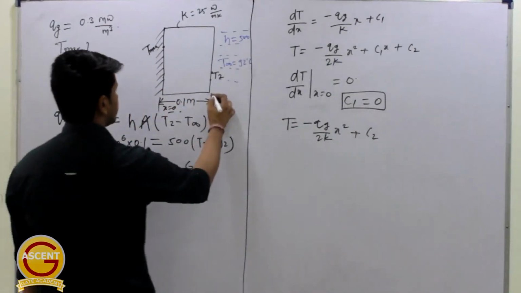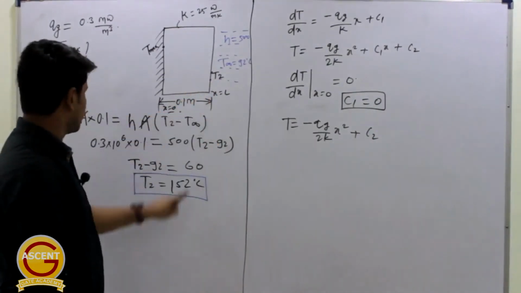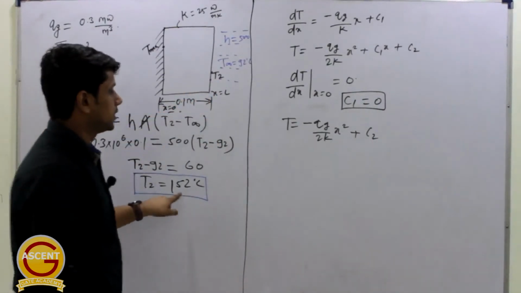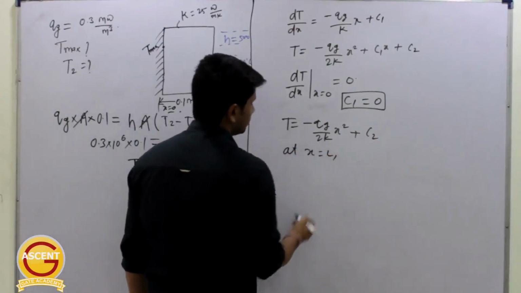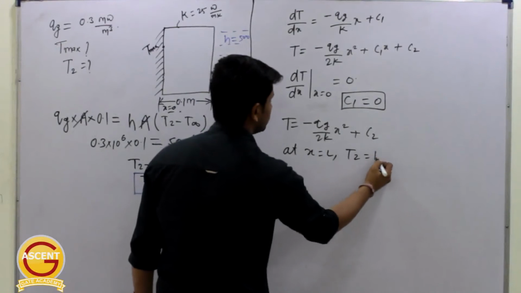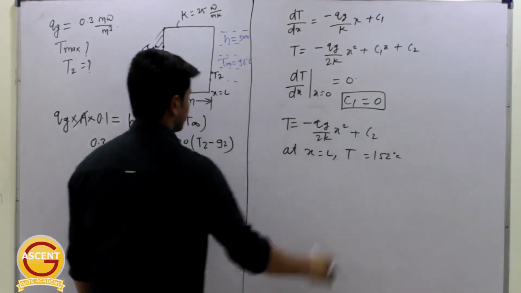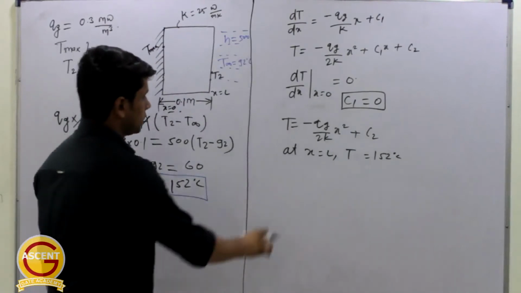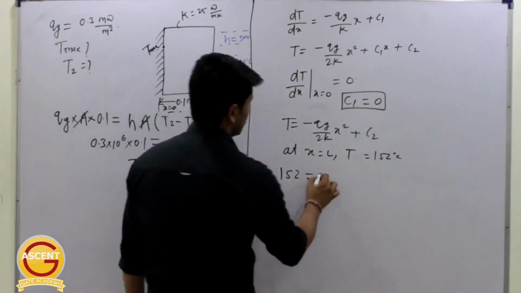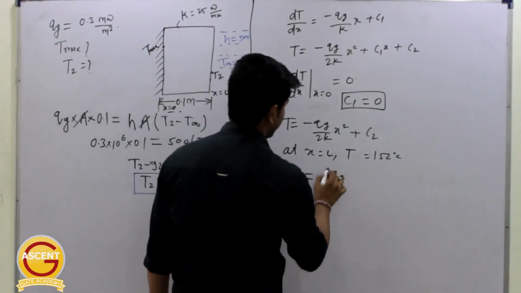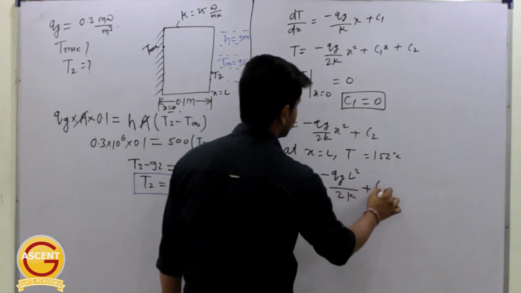Now at x equal to L, what is the temperature? We have calculated this temperature T2 is equal to 152. So we can use this boundary condition here. At x equal to L, T equal to 152 degree Celsius, right. So we can write 152 will be equal to minus qg into L square by 2k plus C2.